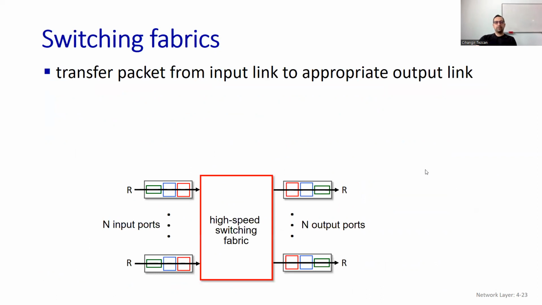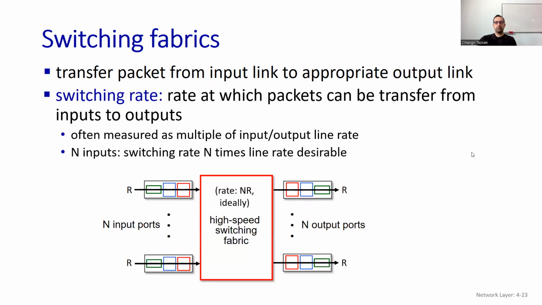So now let's look at switching fabrics. There are 3 popular methods. Transfer packet from input link to appropriate output link. Switching rate: the rate at which packets can be transferred from inputs to outputs, often measured as multiples of input-output line rate. With N inputs, a switching rate of N times line rate is desirable.